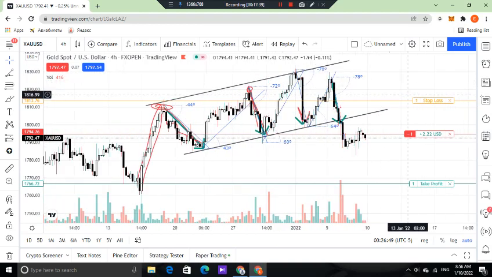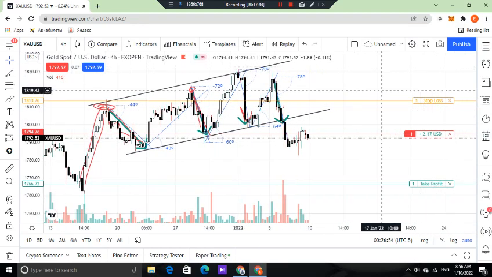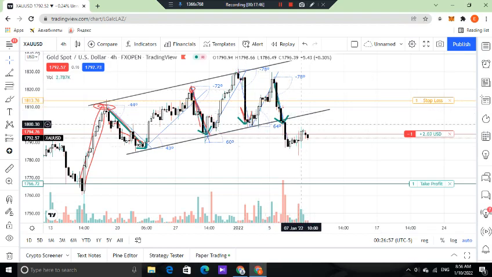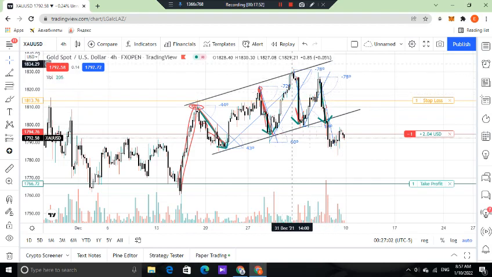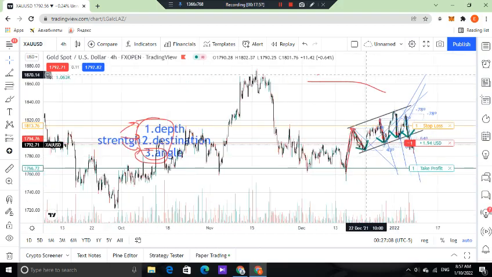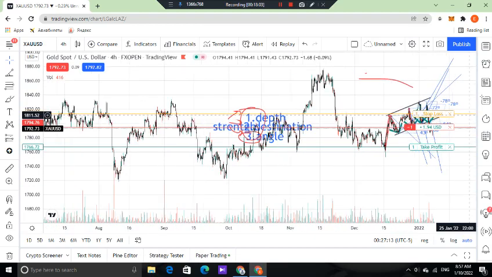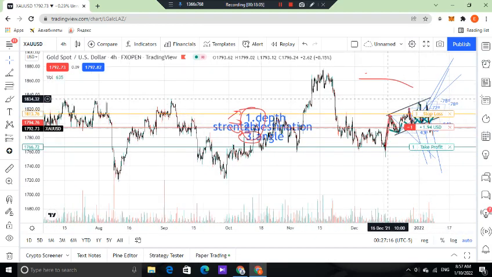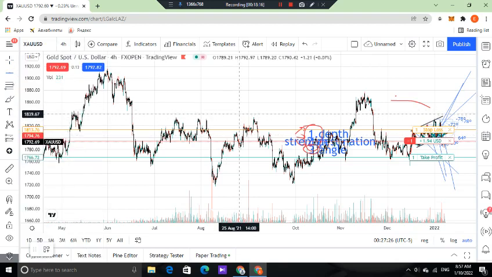I want to talk about my position here. I opened a position last week, and before the market broke this down, I checked these approvals and analyzed it, and I realized that it's possible that we have a reversal.